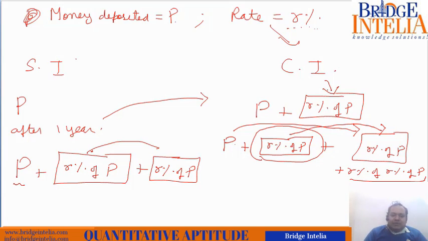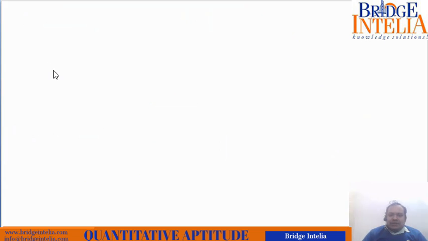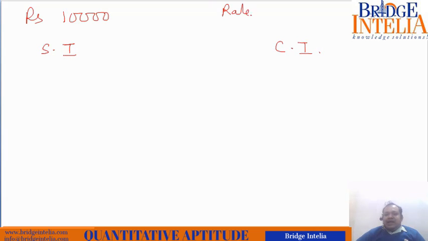So let me help you with an example. Let's suppose that you have deposited rupees 10,000 in both these banks, simple interest and compound interest, and let's suppose that rate is equal to 20%. So what will happen, please understand.